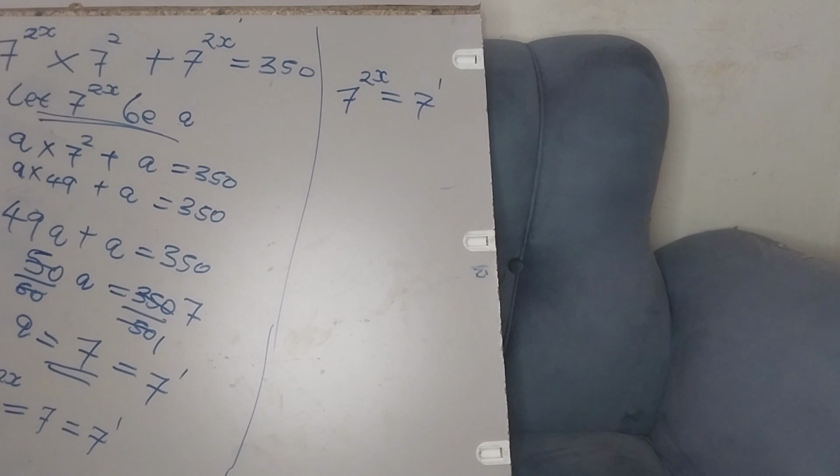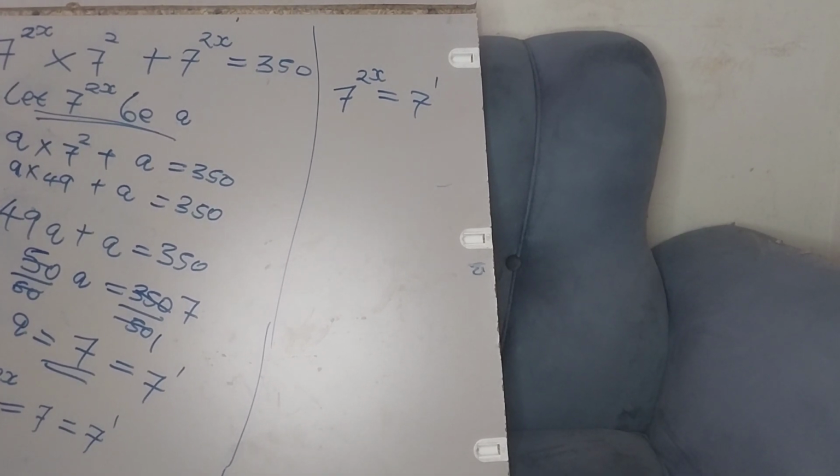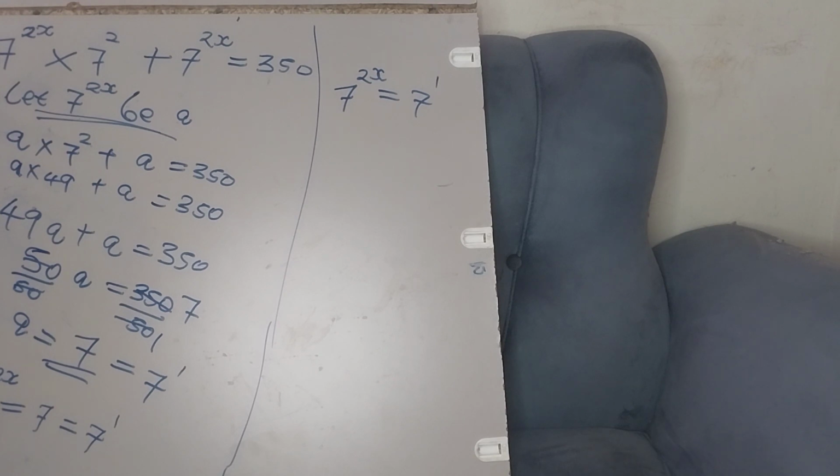Why have we replaced our 7 with 7 to power 1? Because our A has a power, and the only way of expressing 7 is by writing 7 to power 1. There is no difference between 7 and 7 to power 1.